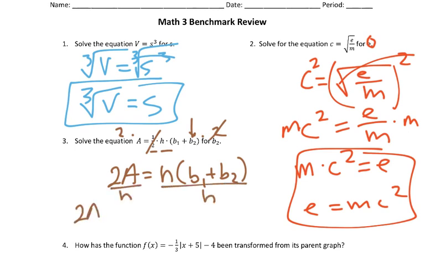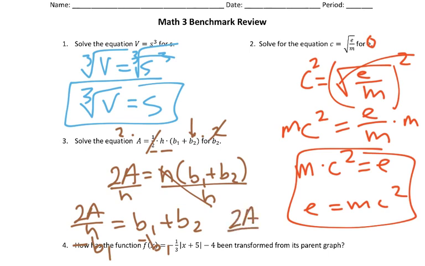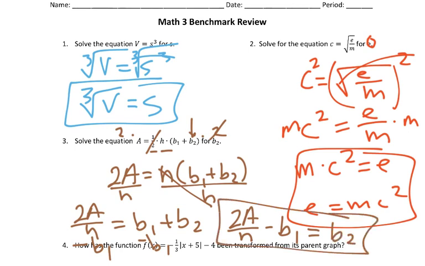So I get 2a divided by h equals b1 plus b2. Then my last step would be to subtract the b1 from both sides. So I'd end up with 2a over h minus b1 is equal to b2. And that's what my equation would look like.